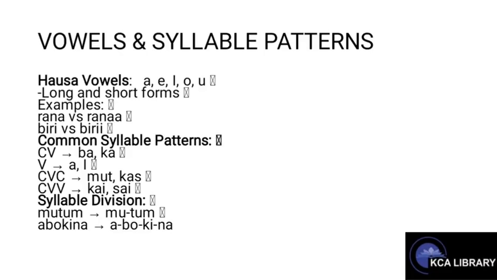Vowels and syllable patterns. Hausa, just like English, has 5 basic vowels, each of which has a long and short form. We have examples: rana, biri.